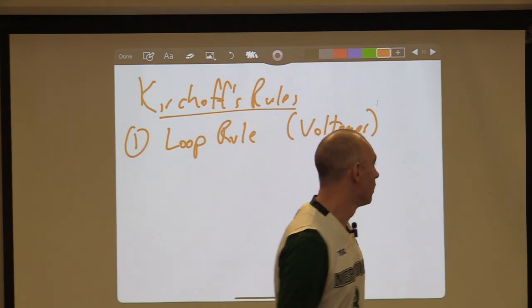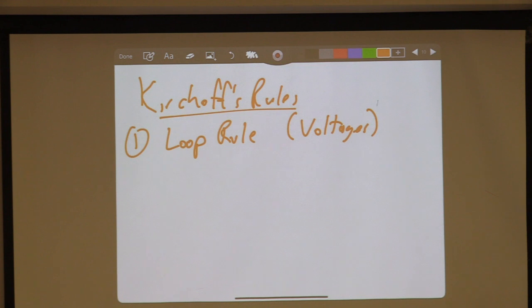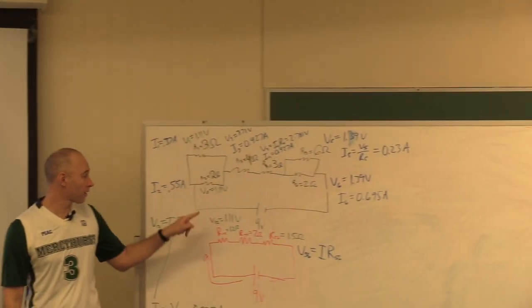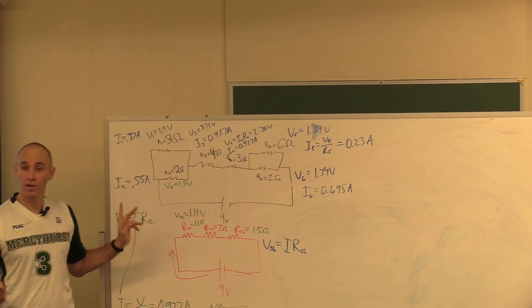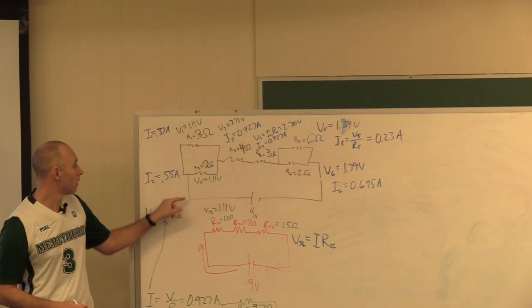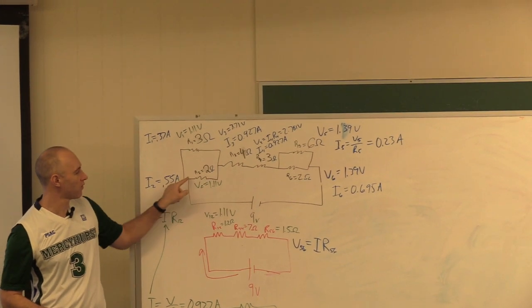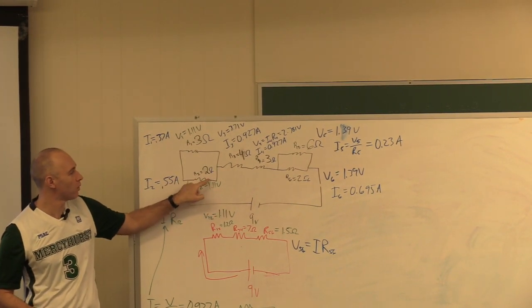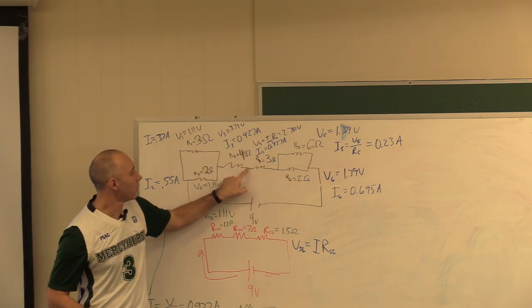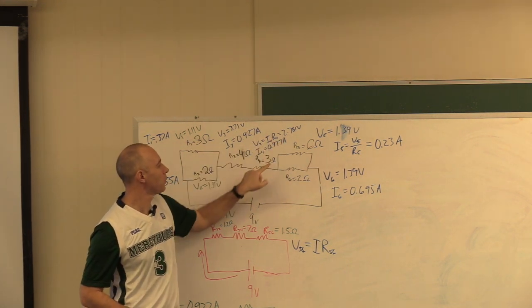If I start here and I go around this circuit, there's lots of different paths I can take to get back to this spot. Regardless of what path I take, the total change in voltage is going to be 0. I go this way, I cross this resistor, I have a drop in voltage, minus 1.11. I cross this, I get a minus 3.71. I go across this, I get a minus 2.78.